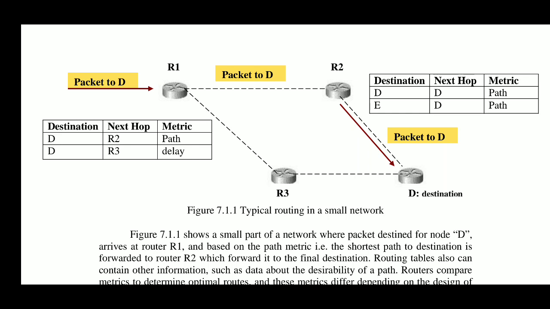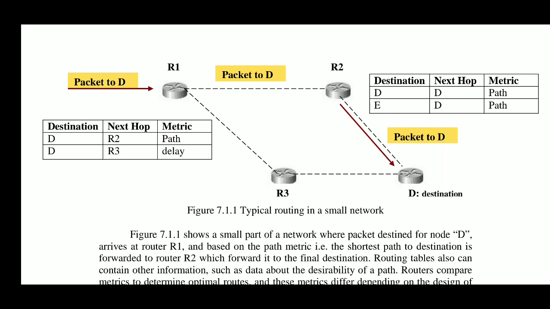Okay, so when the packet to D reaches router R2, it decides that it has a single path routing table in which destination D is mapped to the next hop, that is router D, which contains the destination, and it has the metric shortest path.